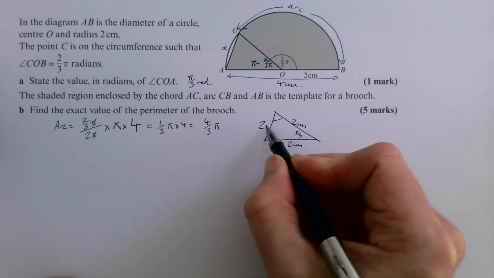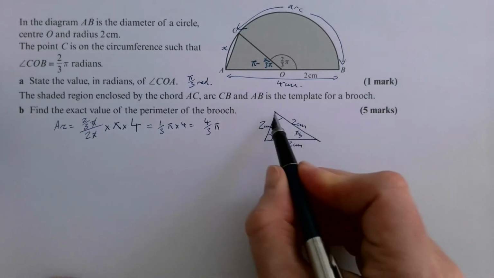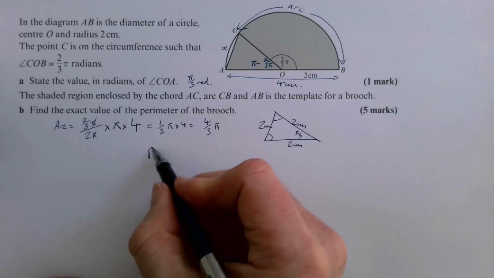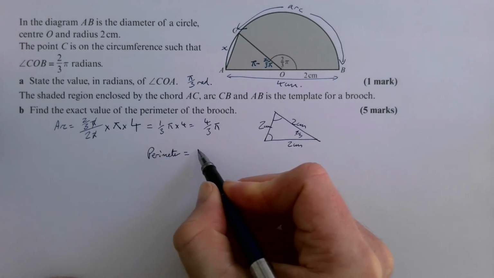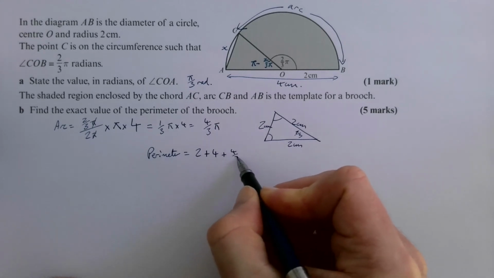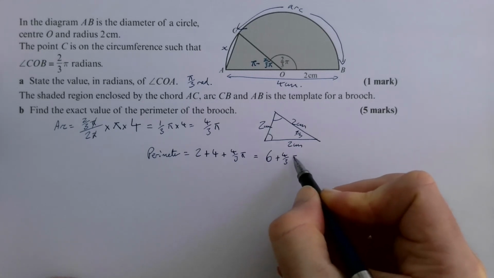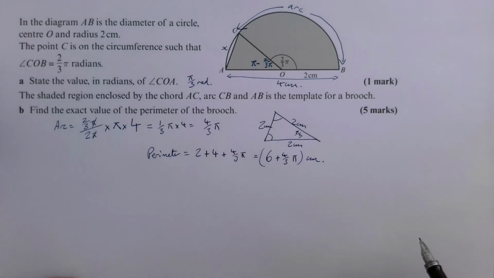So that means that we're actually dealing with an equilateral triangle. So you end up with your whole perimeter is going to be 2 plus 4 plus 4/3 of pi, which is 6 plus 4/3 of pi centimeters.